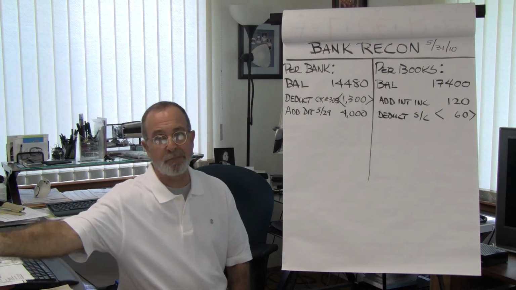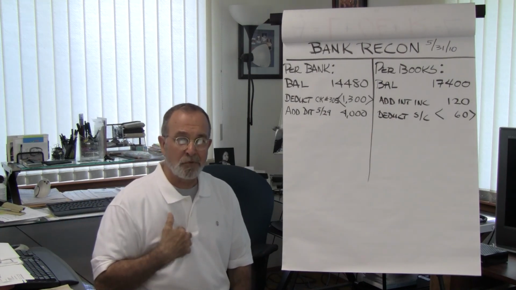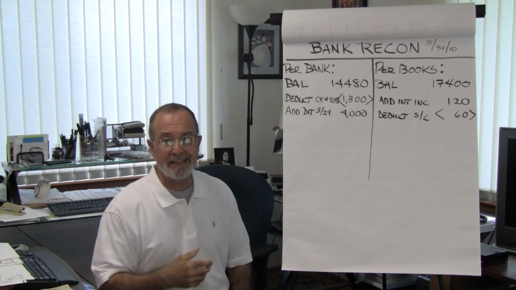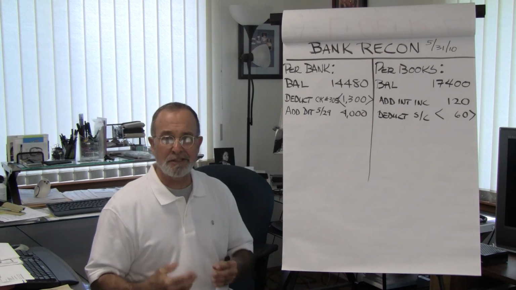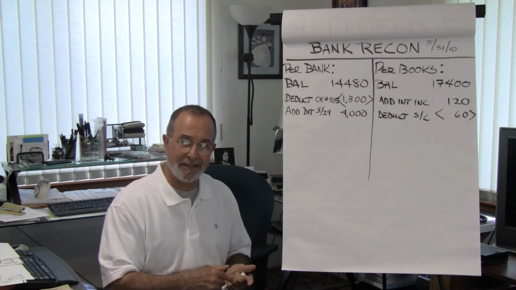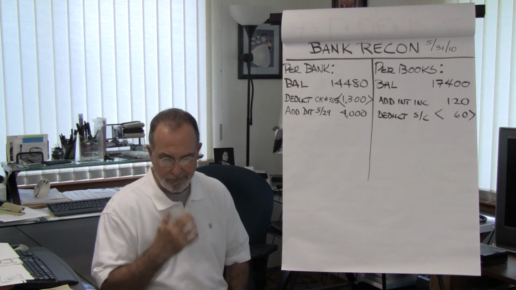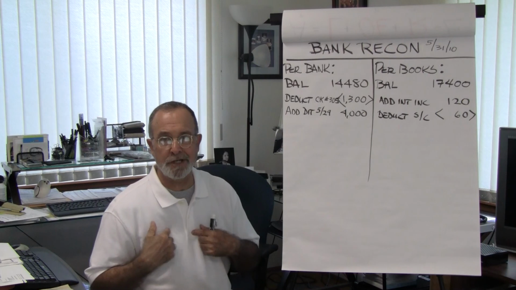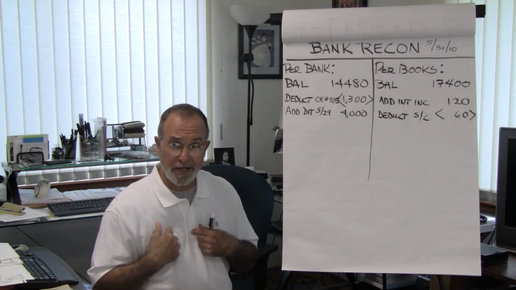And so what that bank will do is send it back to our bank, and our bank will then deduct that amount from our account balance, since they had previously added it to our account balance when we had deposited that check. I hope that makes sense. At any rate, an NSF check on our bank statement means that we got a bad check.